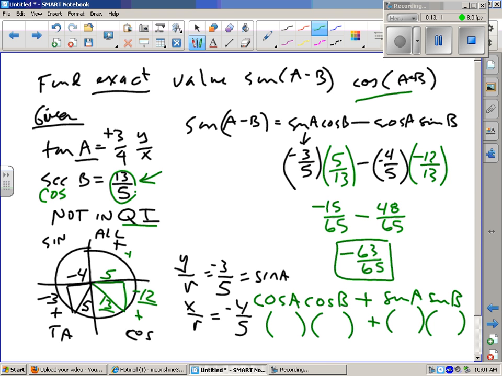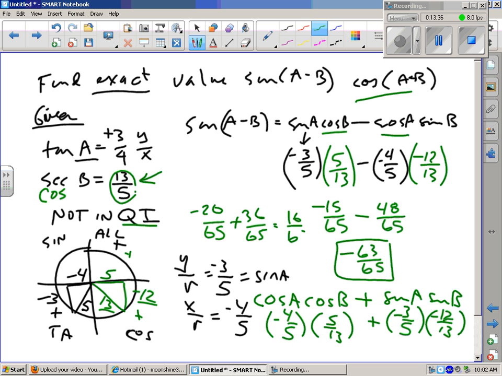The cosine of a is right here, so negative 4/5. Cosine of b is right here, so 5/13. Sine of a is negative 3/5, and sine of b is negative 12/13. Multiplying, I get negative 20, I'll go back up here, negative 20/65 plus 36/65. So that's 16/65.